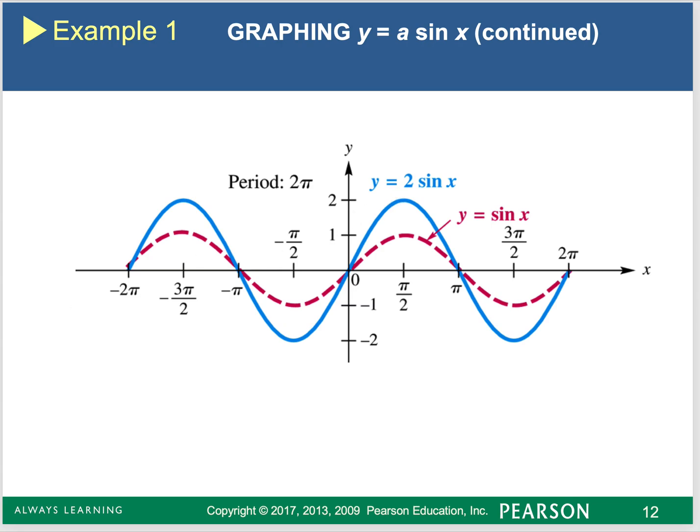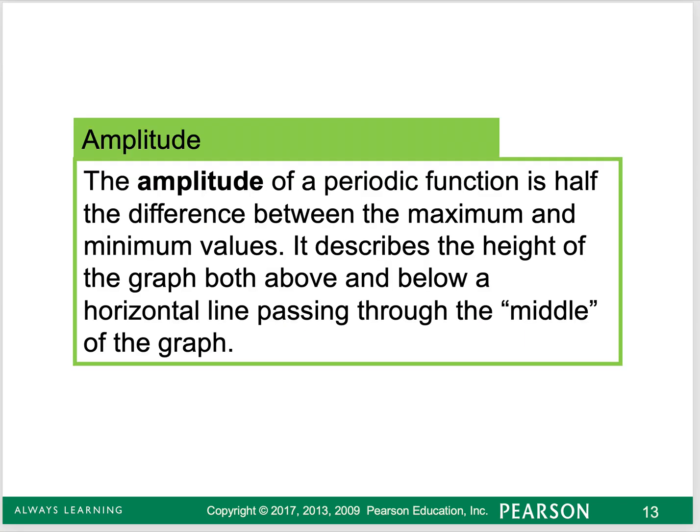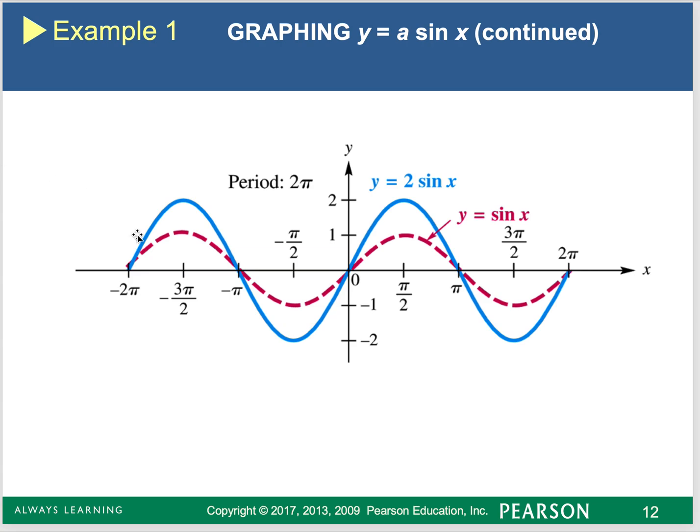That's changing the amplitude. The amplitude is the measurement of half the distance between the maximum and the minimum value. So this is 2, this is negative 2. The total distance between these two is 4. If I divide that to get half, my amplitude is 2. It's also the number in front of the sine.